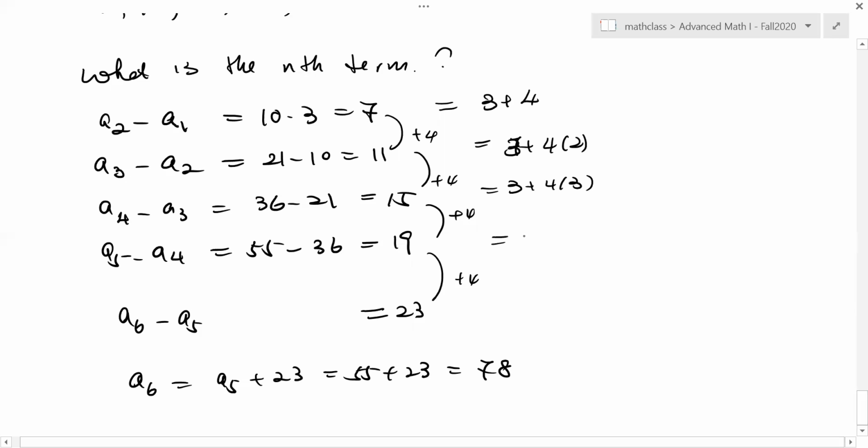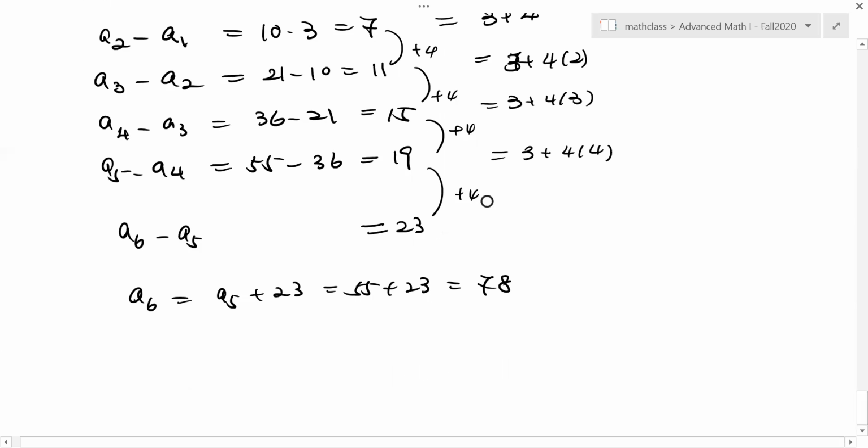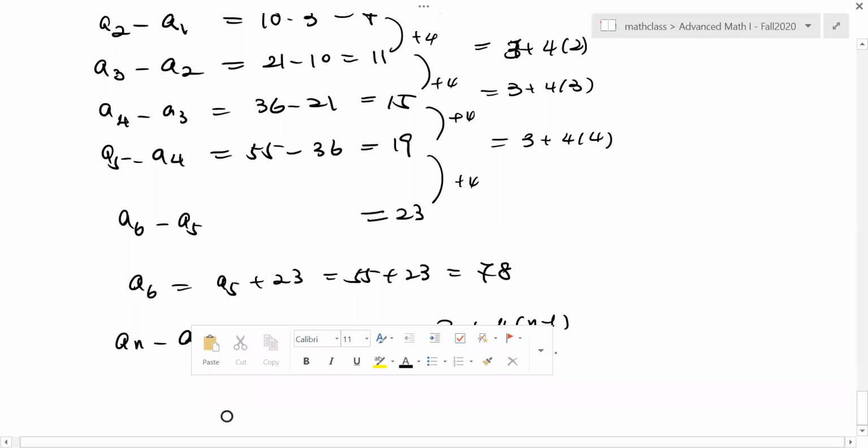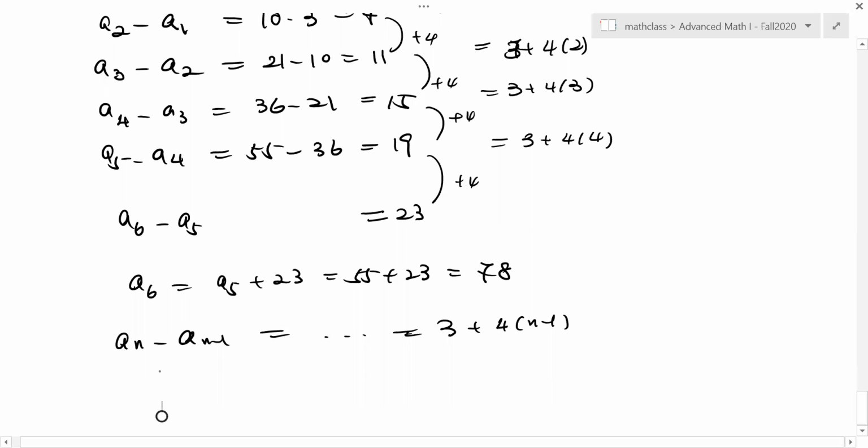So this is an arithmetic sequence, right? So this 4 and 4 match. So the general term will be a_n minus a_(n-1) is going to be 3 plus 4 times (n minus 1). So if we add all of them together, the left-hand side is a_n minus a1.